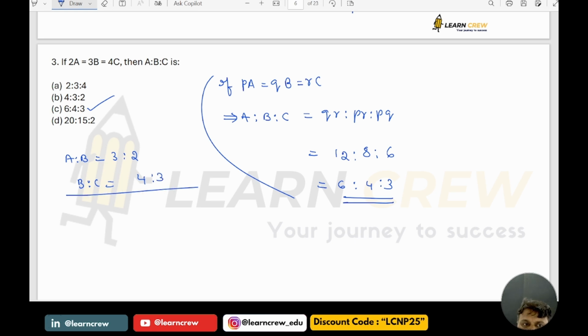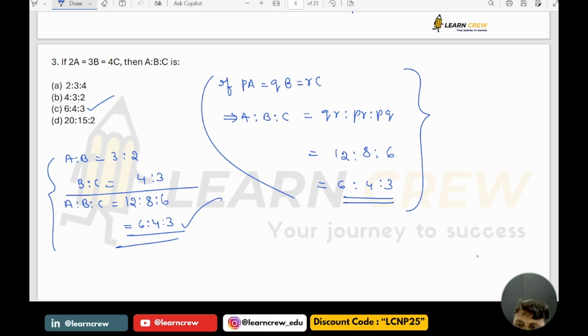From this you will get A is to B is to C: 3 4s are 12, 2 4s are 8, 2 3s are 6, which is nothing but 6 is to 4 is to 3. 6 is to 4 is to 3 is the answer. This is the thing which you have to remember. This is the regular procedure, right?